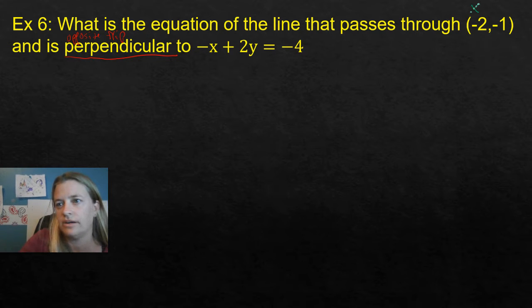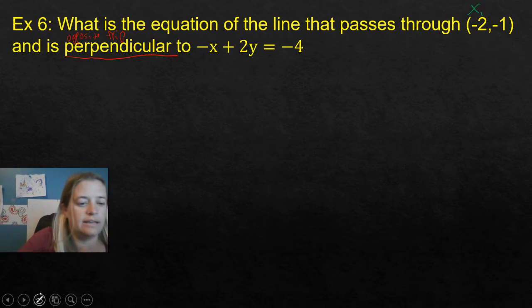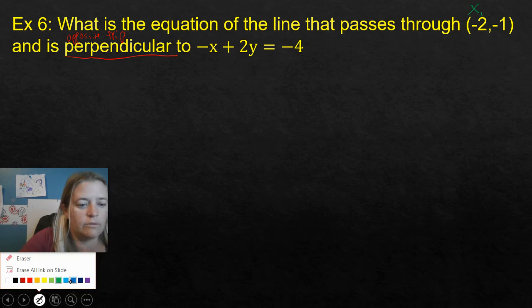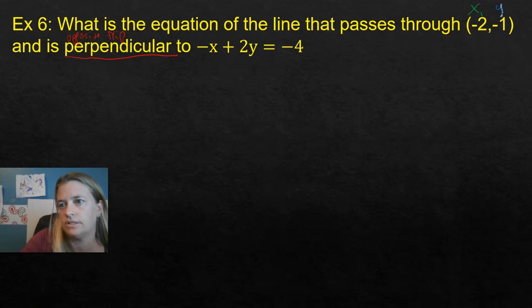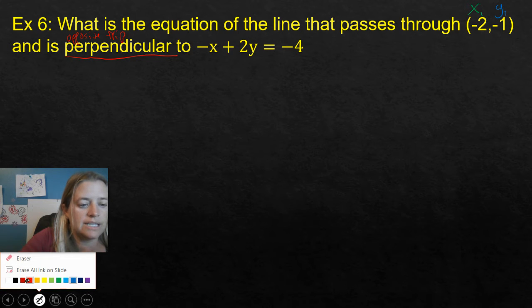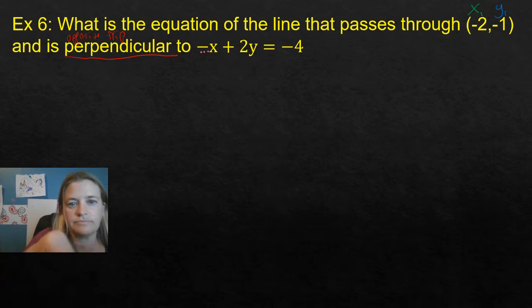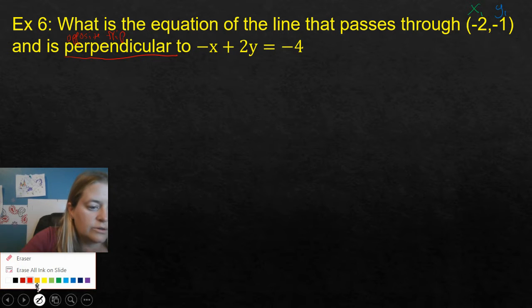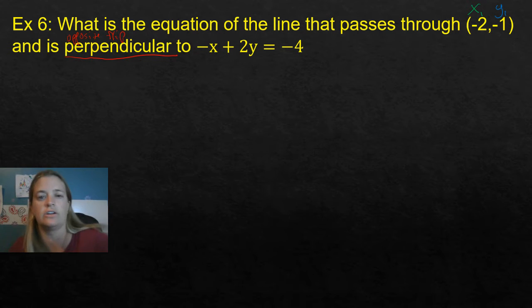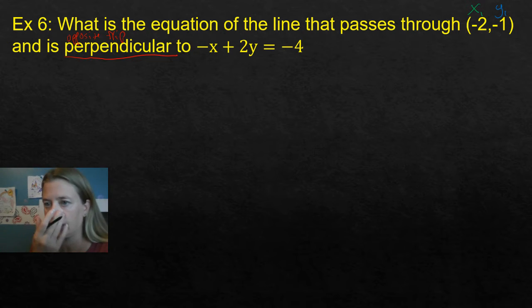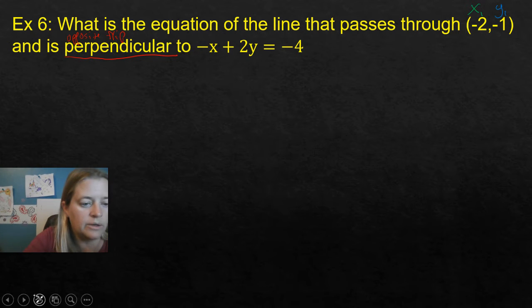So this is going to be our x sub 1, and the negative 1 is going to be our y sub 1. And we're going to take this equation and solve it for y, so then we can find our slope, because in order to plug it into point slope form, we need a point and we need a slope.